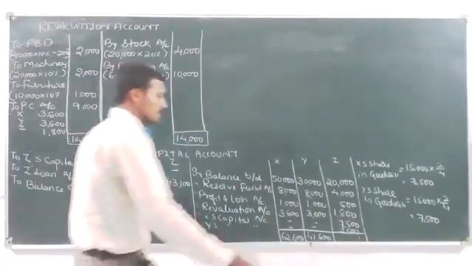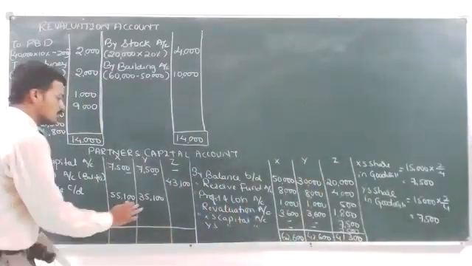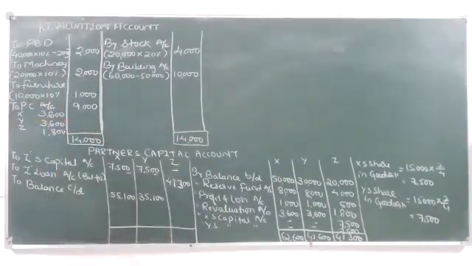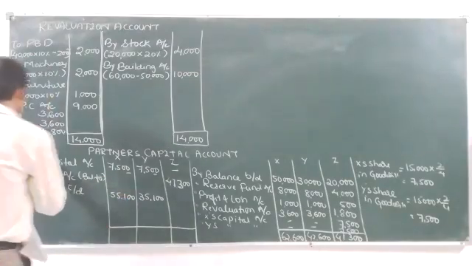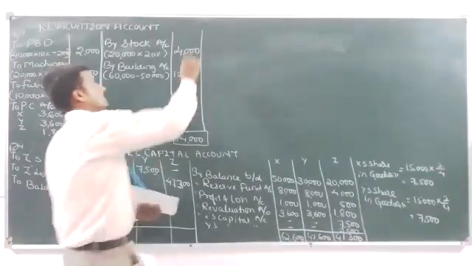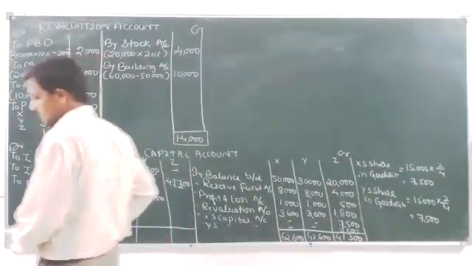So because of that, the total will be 41,300. And here also the balance will be 41,300. Right. Exactly. Thanks for that. So on the debit, we put the debit, then here it is credit, debit and credit.